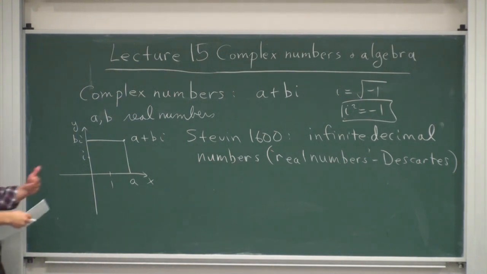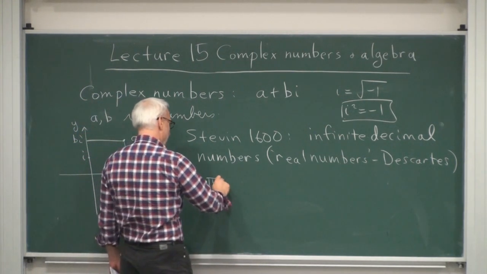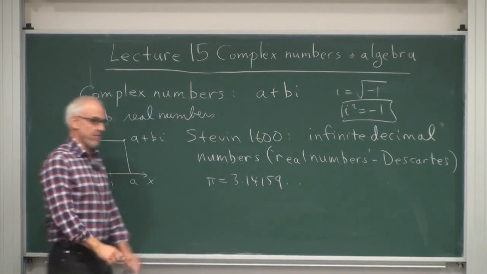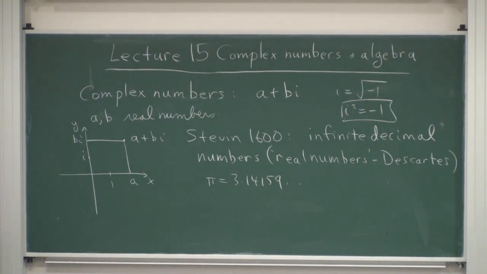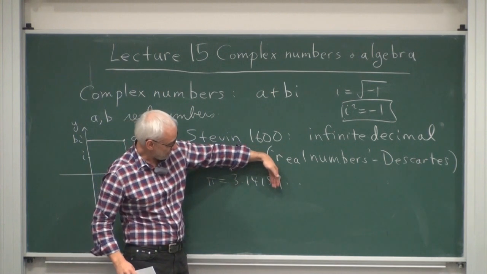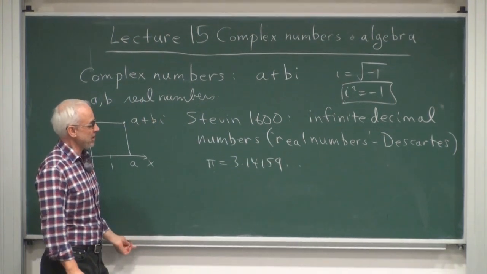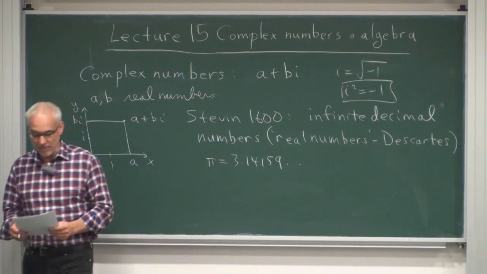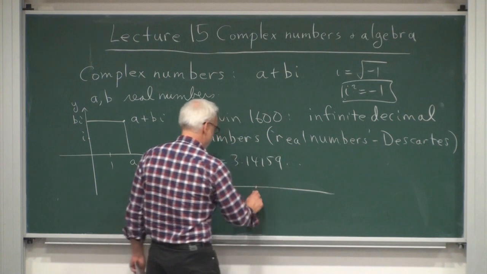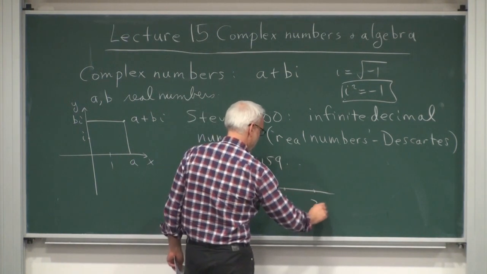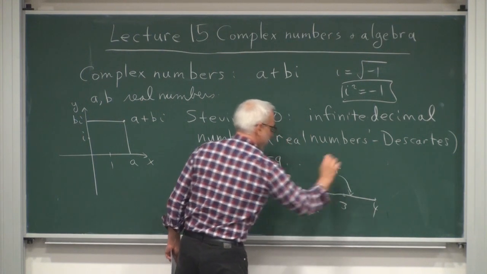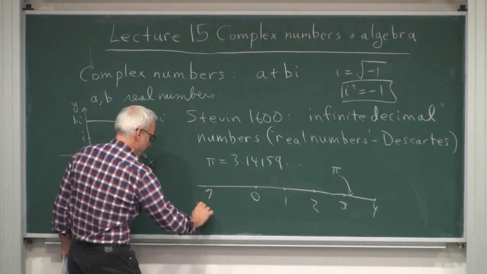Infinite decimal numbers in the usual way, so something like pi is 3.14159, etc., and it goes on in some fashion. And so this extended the Hindu-Arabic framework by allowing decimals that go on forever, supposedly, and people were pretty comfortable that this sort of provided a reasonable model for the line. So for example, pi was somewhere in there, and this was thought of as the real line.